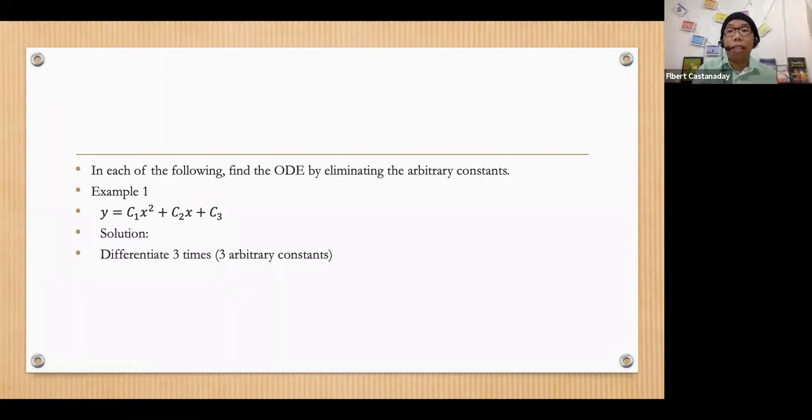But in cases where you cannot eliminate them by just differentiating the given function, you must work on the equations involved, taking note of the order of the DE. For example, if it's third order, it must contain the third derivative in the final answer. Or if it's first order, since it's a differential equation, it contains a derivative.